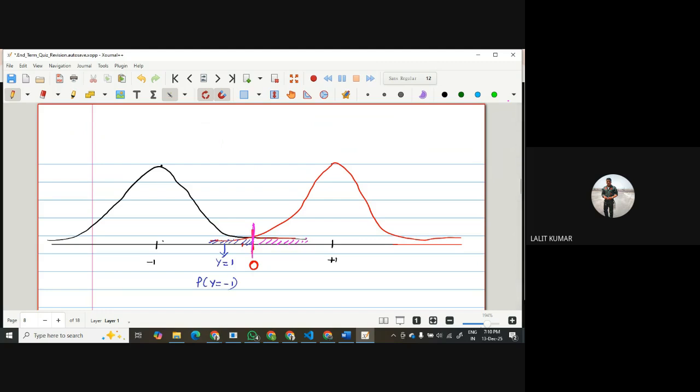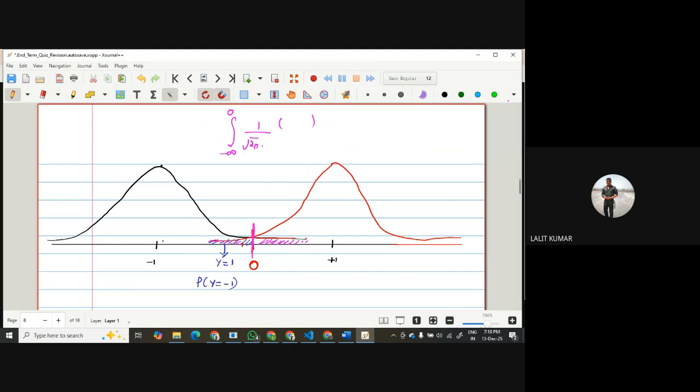So if I want to calculate for this, it will be from -infinity to 0 of 1 by root 2 pi, and you can put in all the terms. So it will be up to 0, and you will get this value.